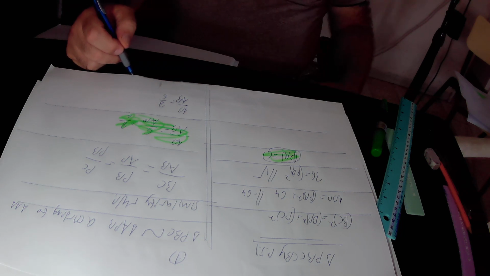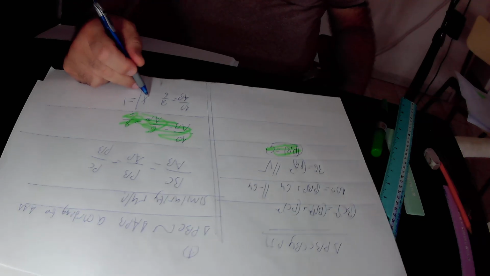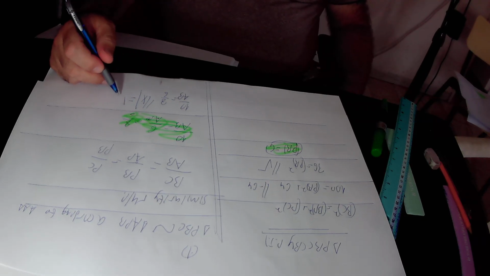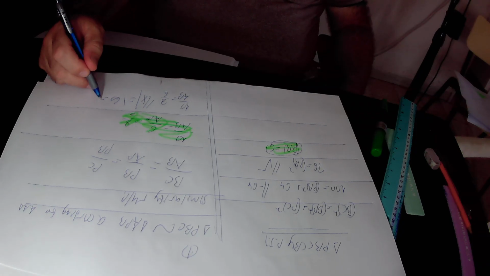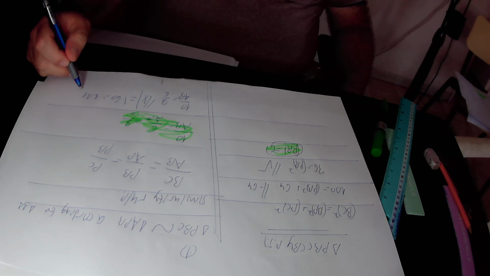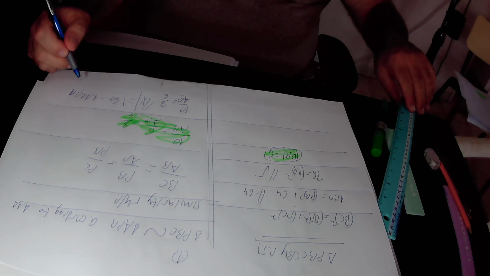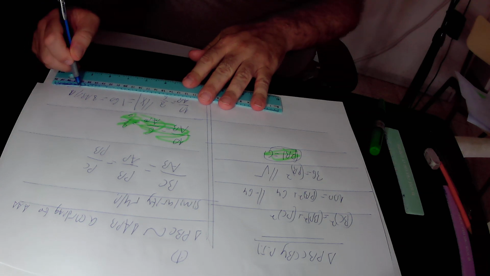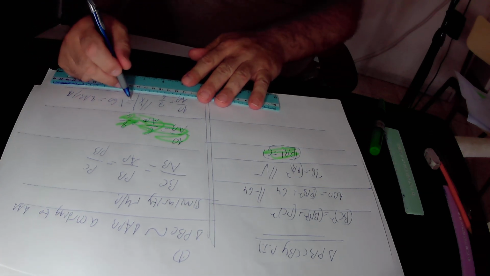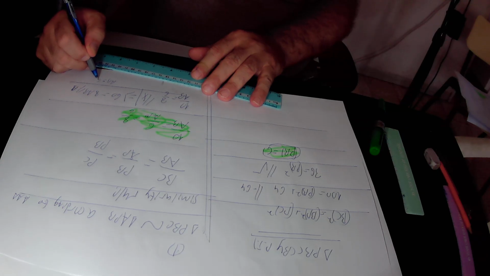Here, we first cross-multiply this equation, and we get that 10 times 6, which is 60, equals 8AB. Here we divide this equation by 8, and finally we get that AB equals 60 over 8.